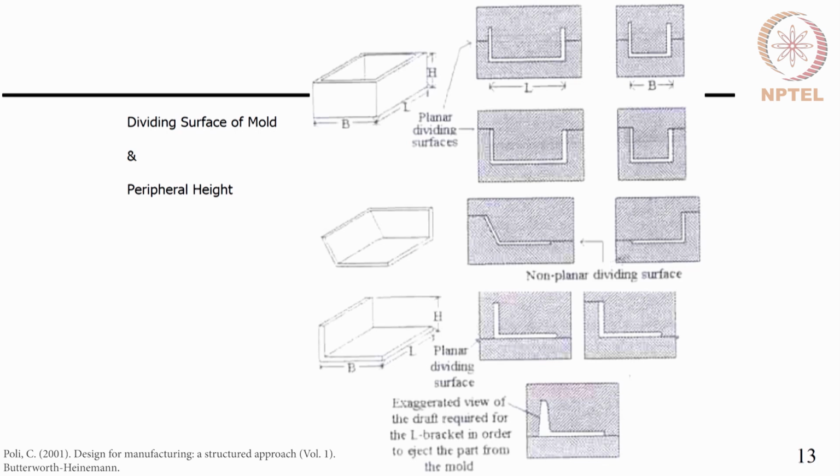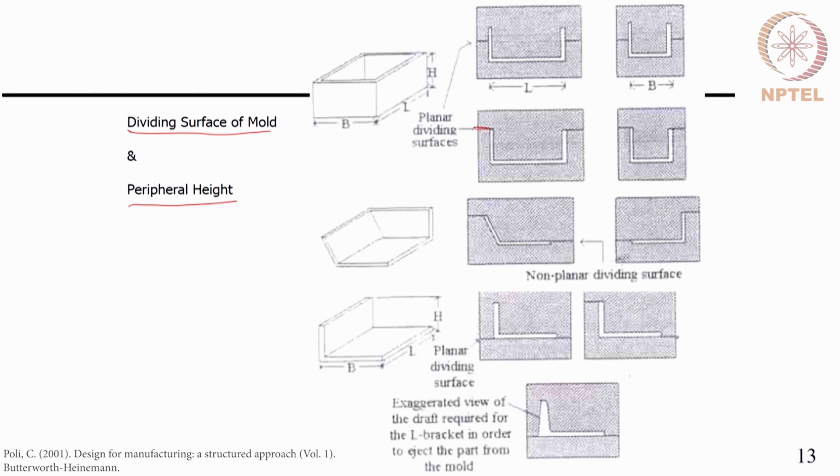The next feature is the parting surface or the dividing surface of the mold. Whether the peripheral height is constant or not, and what is the type of the surface, determines the mold cost.